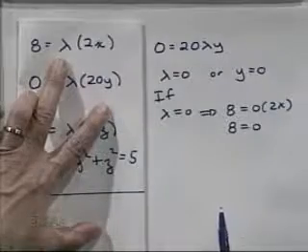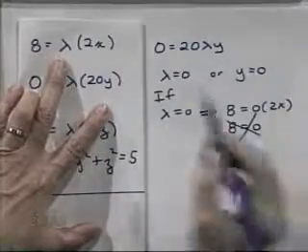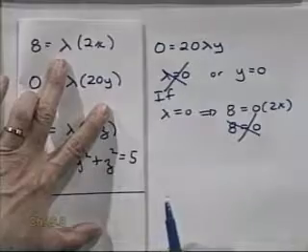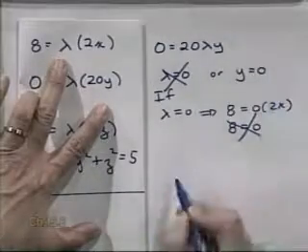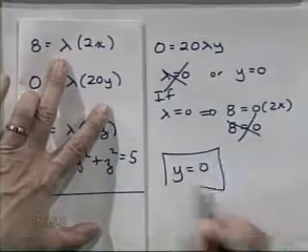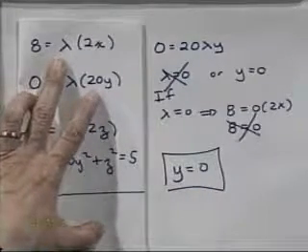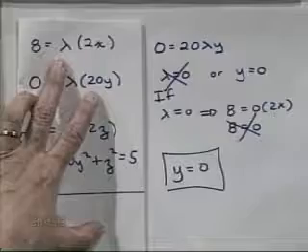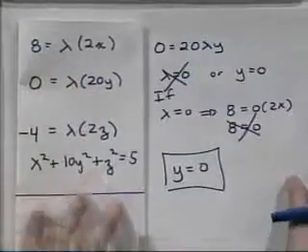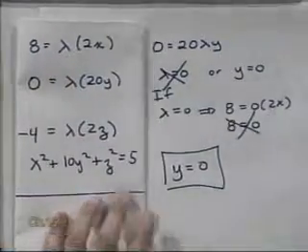Can that happen? No. So since lambda can't be 0, what has to happen? y is 0. I know y is 0.